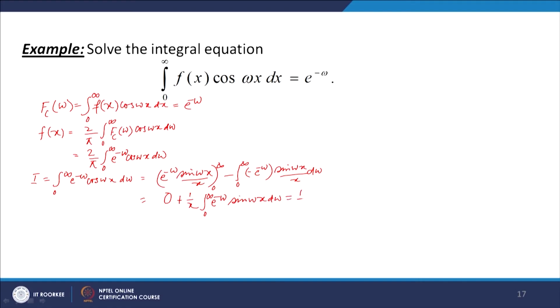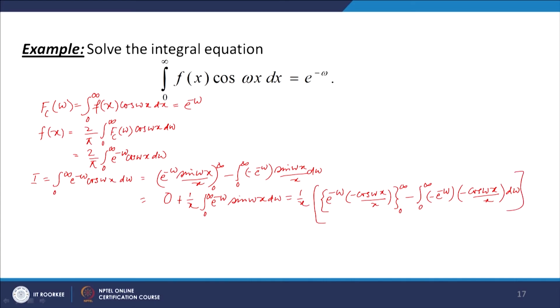So again we integrate by parts. So e to the power minus omega, integral of sin omega x is minus cos omega x divided by x, from 0 to infinity, minus the integral from 0 to infinity of minus e to the power minus omega times minus cos omega x divided by x d omega.